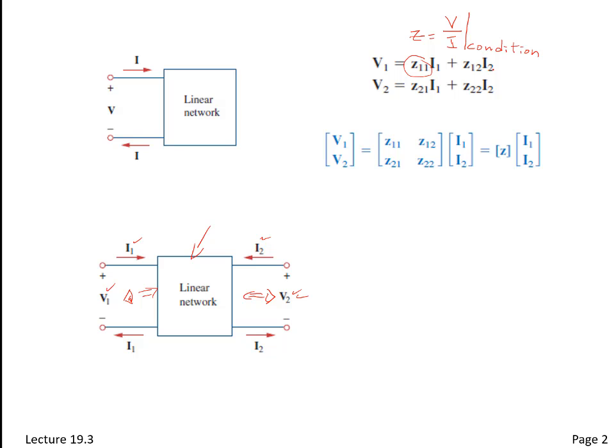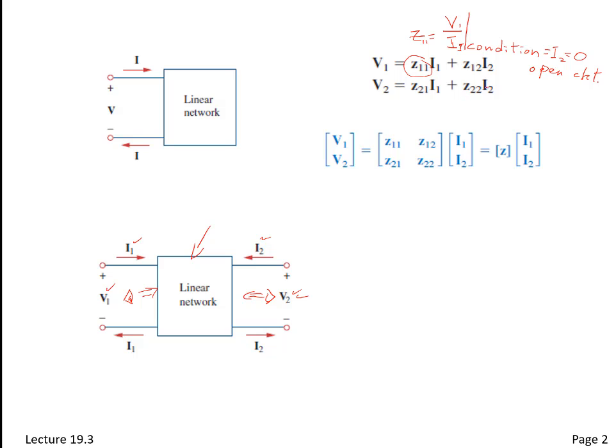Right? Well, we can do that if we make the condition. So I can find Z11 is V1 divided by I1, if the condition is that I2 equals 0. Okay, and we get that by being an open circuit.